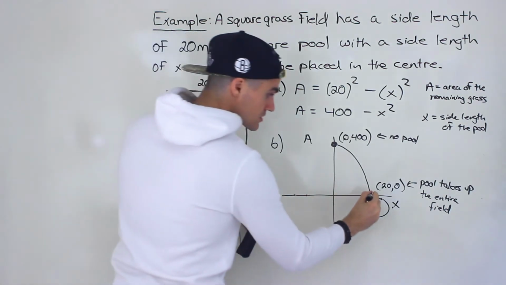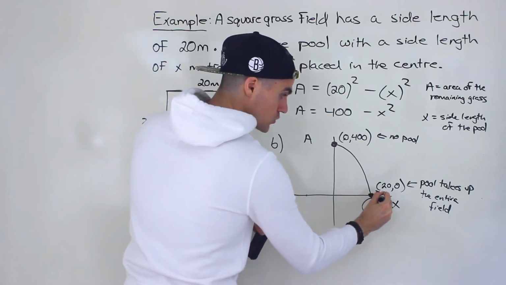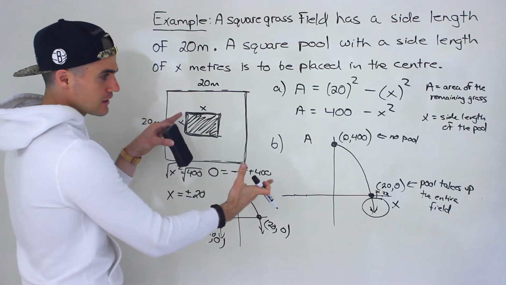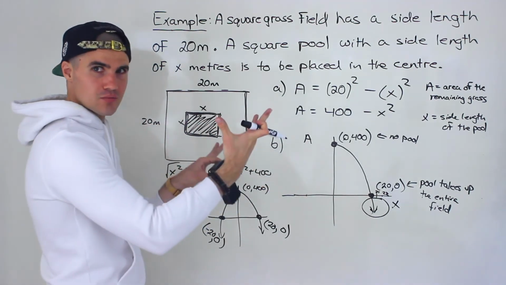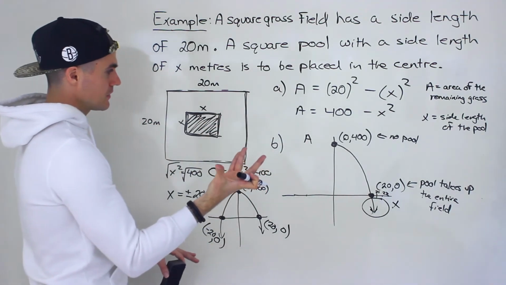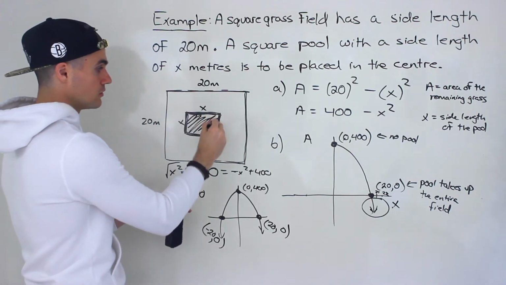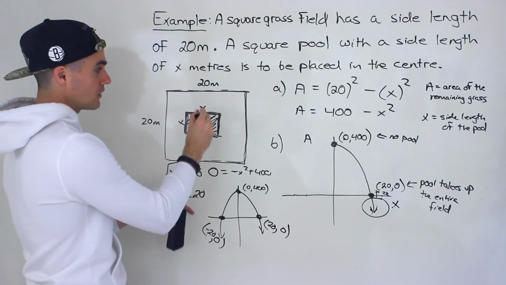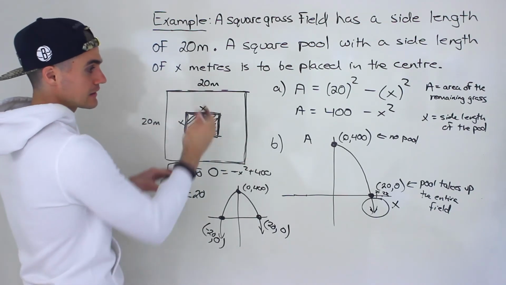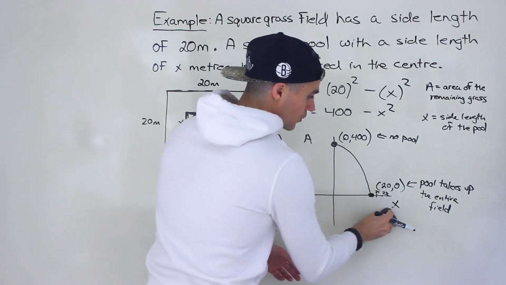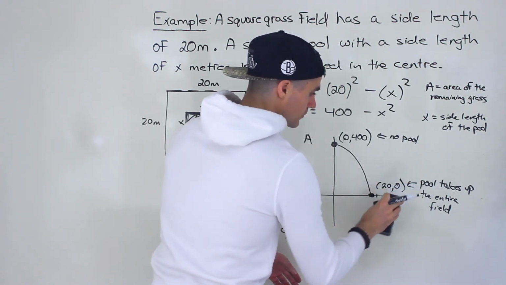So values of 21 or 22 would be invalid. They would give you a negative area for the grass remaining, which wouldn't make sense in this problem. So the limit is that this pool can only have up to a side length of 20. And so anything after that we don't have to worry about in this problem.